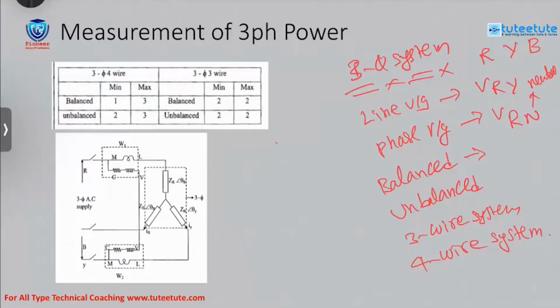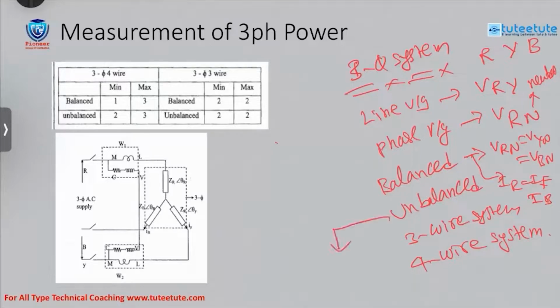Balanced means VRN equal to VYN equal to VBN. If all three phase voltages are equal, then that system is called a balanced system. Then the same current will flow, IR equal to IY equal to IB. In three phases the same current will flow. That system is called a balanced system.